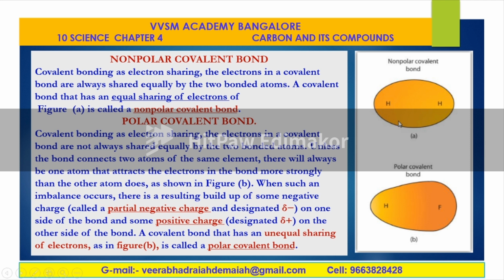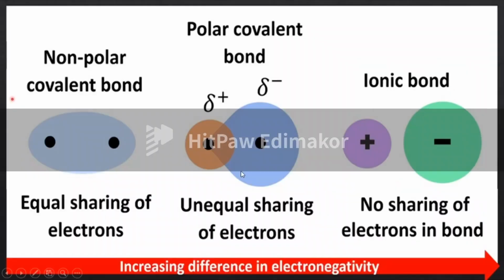So you should be clear that polarity differs. Non-polar covalent bond is equal sharing, but polar covalent bond is unequal sharing between two different atoms. See here, equal sharing of electrons, non-polar covalent bond; unequal sharing of electrons, delta plus, delta minus, that is polar covalent.